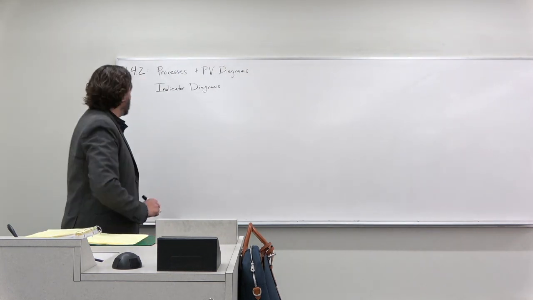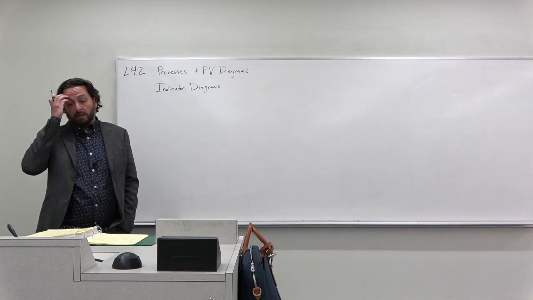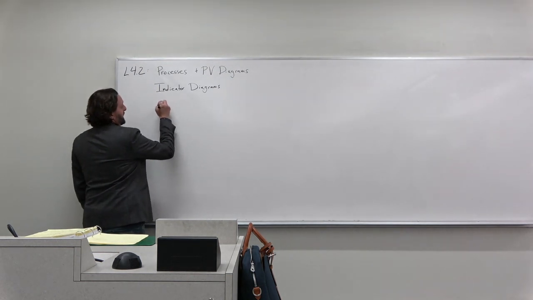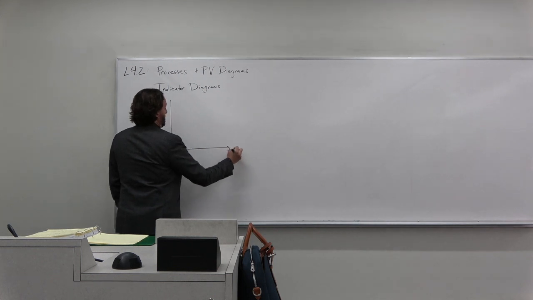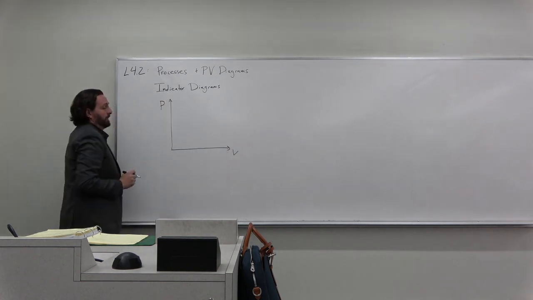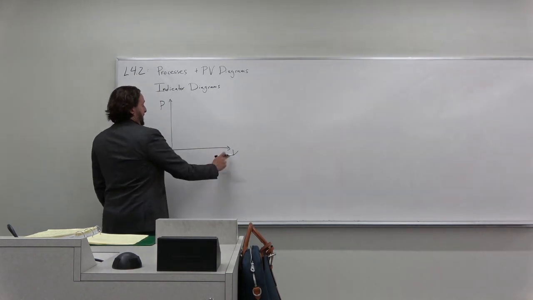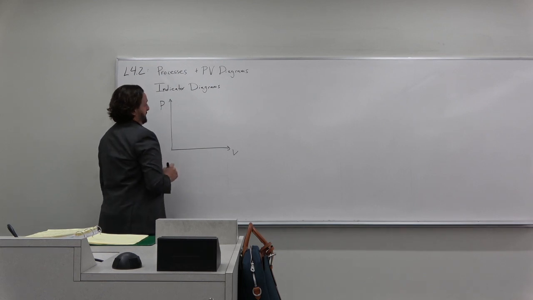We can show these on PV diagrams, or indicator diagrams. They're called PV diagrams because their axes are P and V, so V is the independent variable and P is the dependent variable.